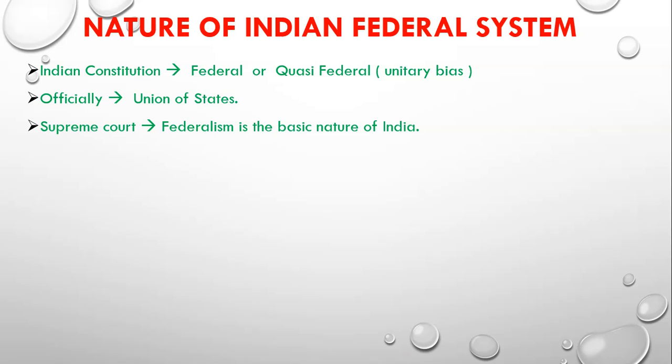And some scholars think that the Indian constitution is only quasi-federal. What is quasi-federal? Quasi-federal means very little federal. Means it has a unitary bias. Or the Indian constitution is much less federal and much more unitary.